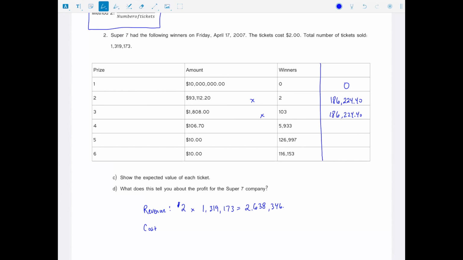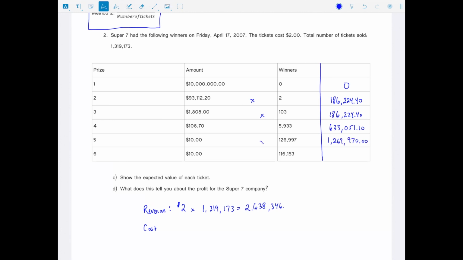Okay? And next, there is 5,933 winners of the next at $106.70. That would cost them $633,051.10. And then here we have $10, and that would be $1,269,970.